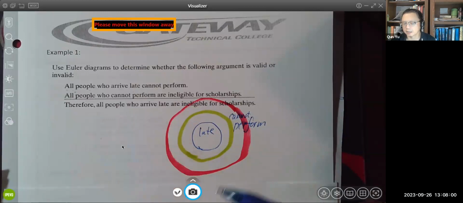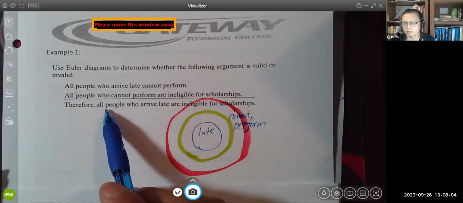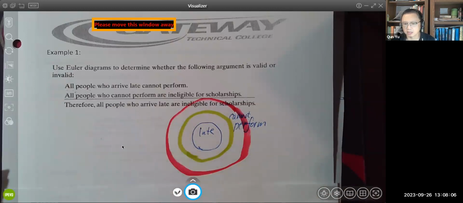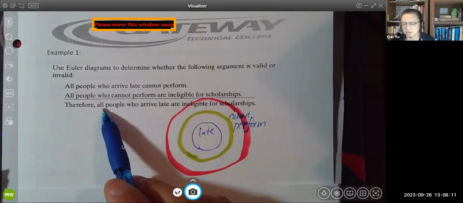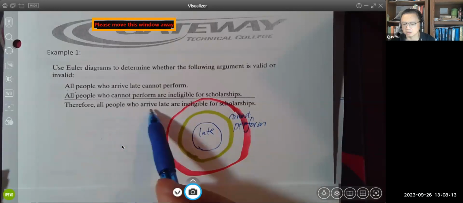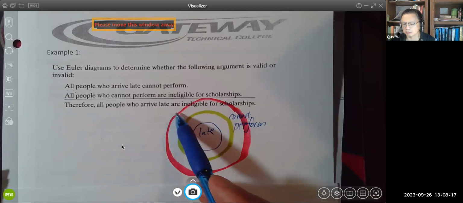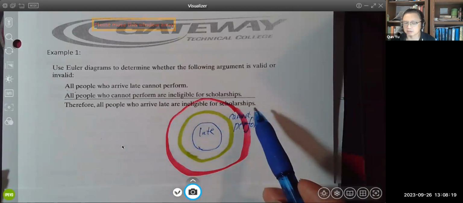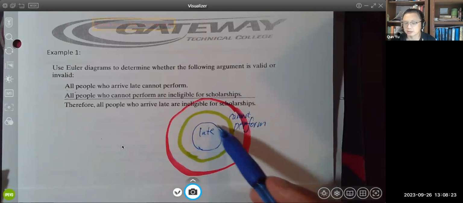After you represent the premises, look at what circles are involved in the given conclusion. All people who arrive late, which is the blue one, are ineligible for scholarships, which is the red one. So this conclusion involves the blue circle and the red one.